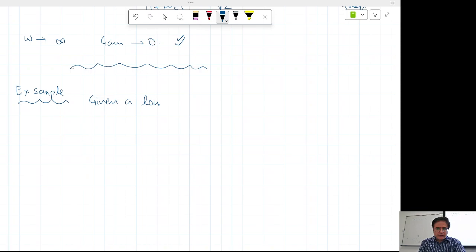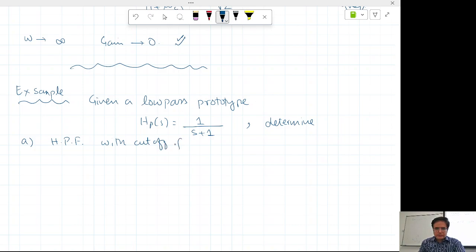Example. Given a low pass Butterworth filter, which is H_P(s) equals 1 over s plus 1, determine: A, a high pass filter with cutoff frequency of 40 radians per second.